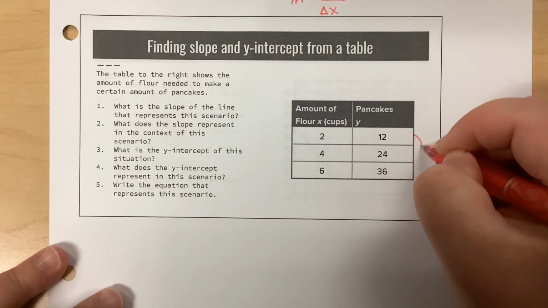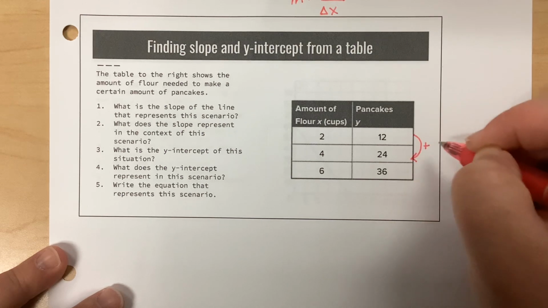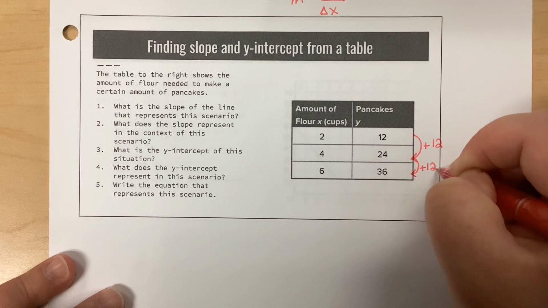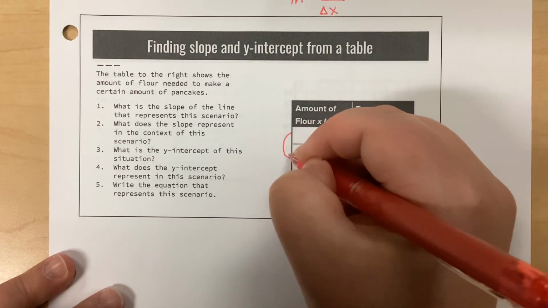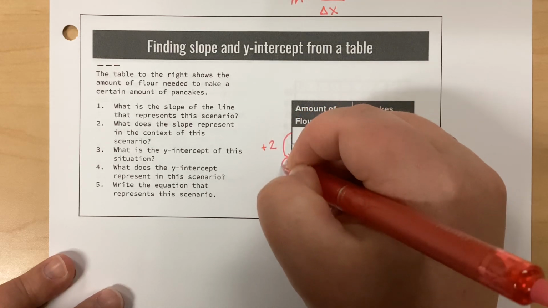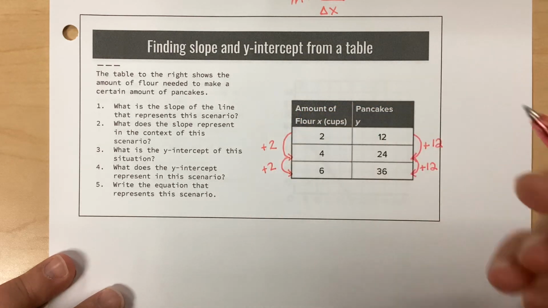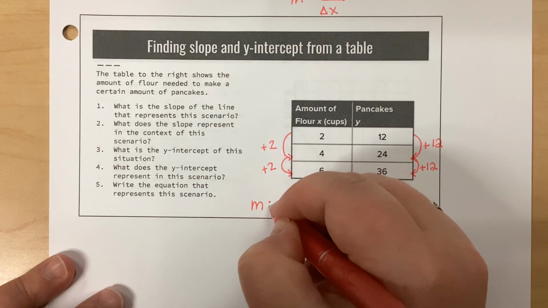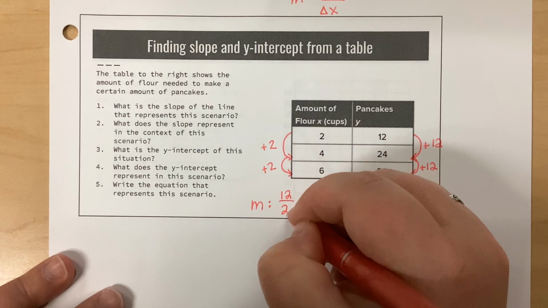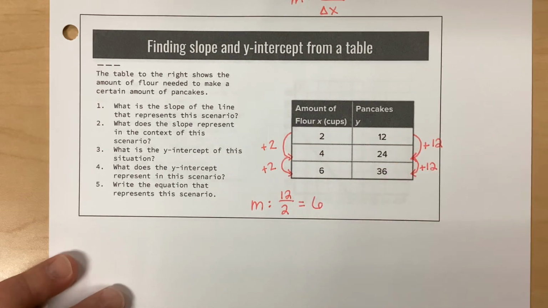As I go down the table, I am increasing the number of pancakes by 12 each time. And as I go down the table on the left side, which is my x, or my cups of flour, that increases by 2 each time. So if I'm going to find my slope, it's the change in y, which is 12, over the change in x, which is 2, and that simplifies to 6.